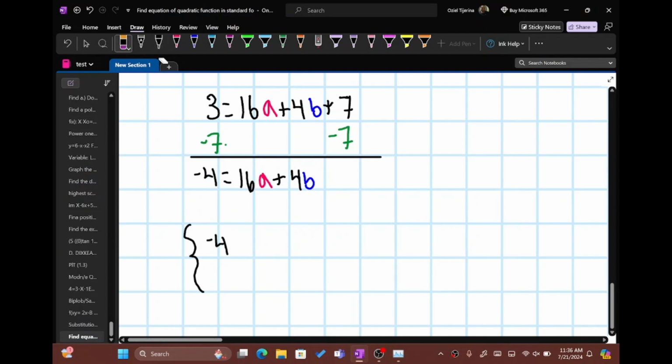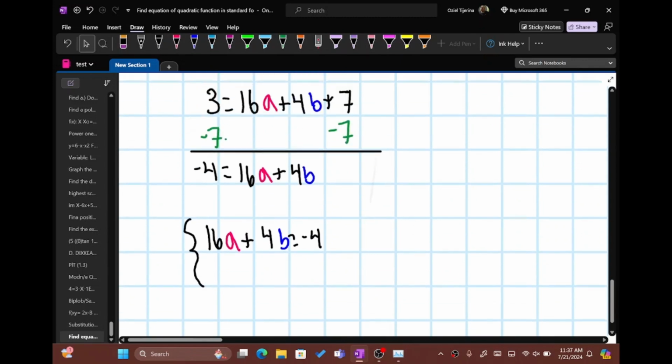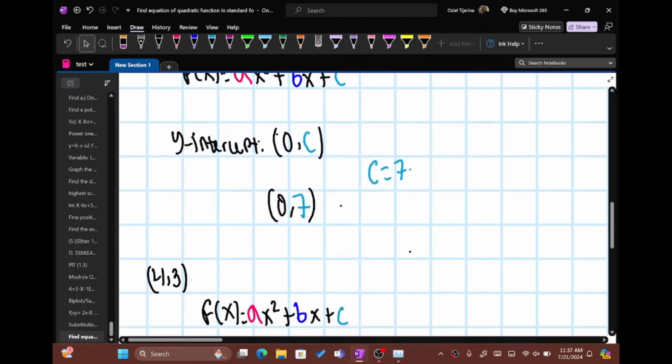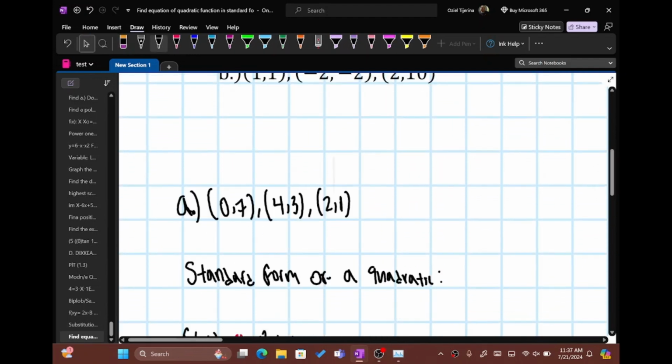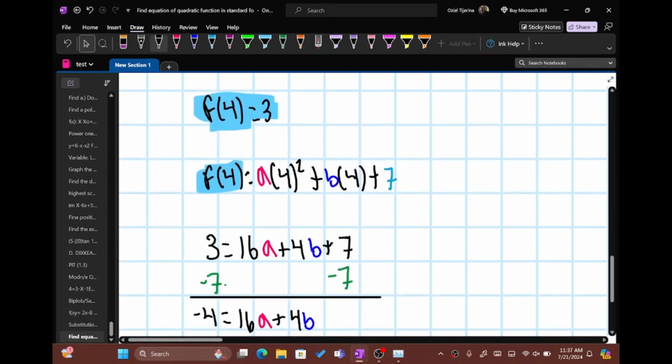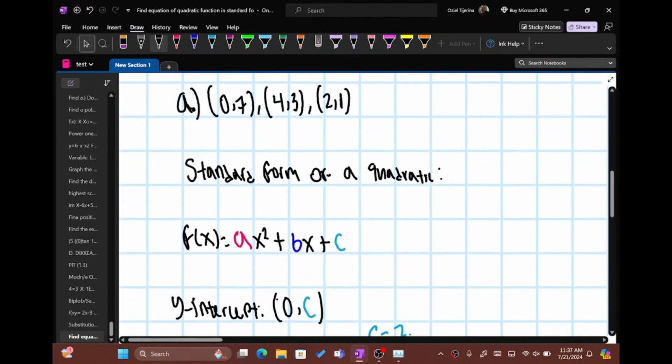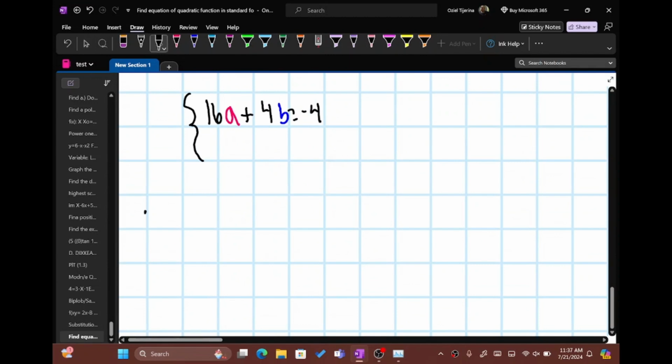So 16a + 4b is equal to -4. For the other one, we're going to plug in the other point, so now we do f(2). We know f(2) is 1.